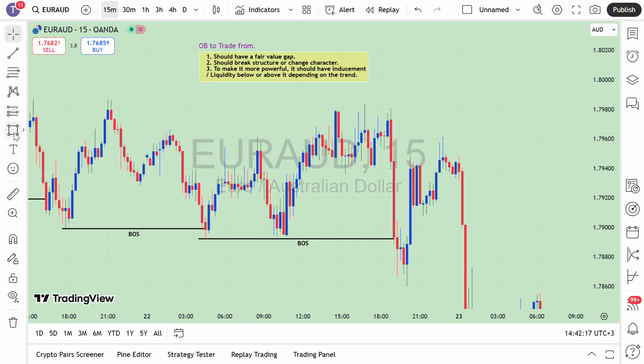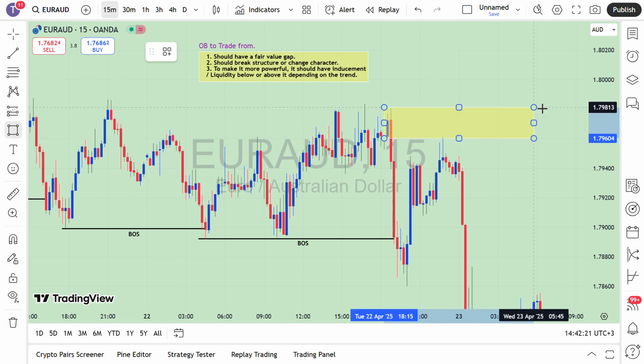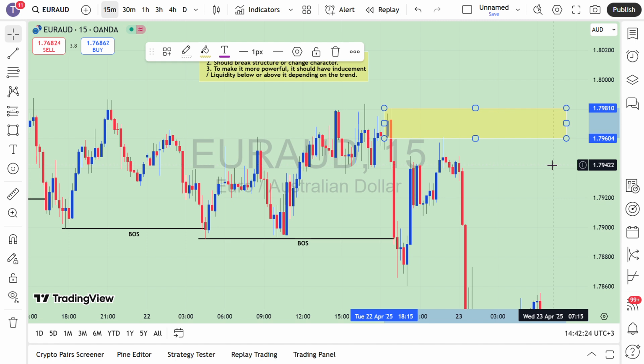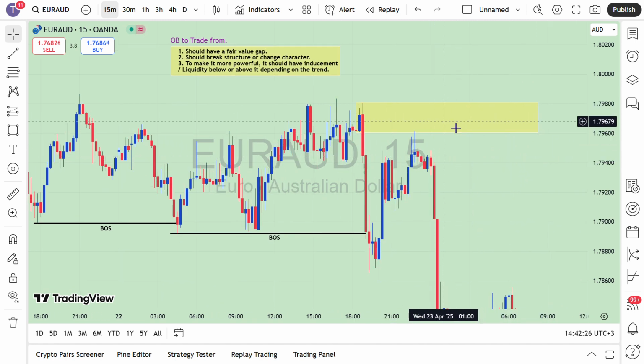So I marked this order block, and I was expecting the market to form liquidity first below this zone, or an inducement first, before coming into this order block.